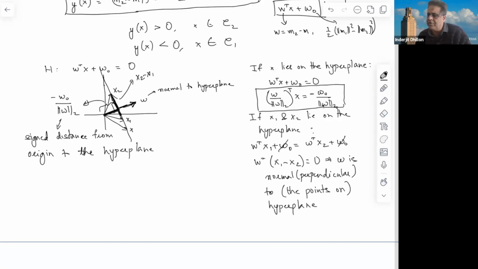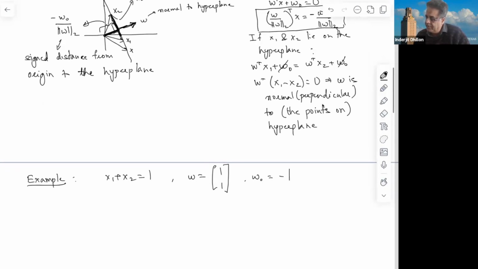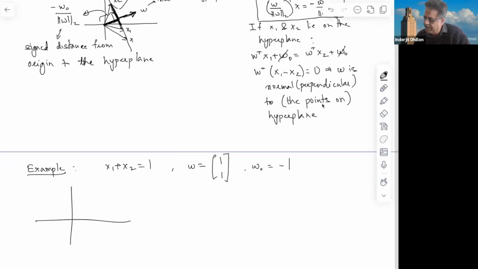Let me give a couple of quick examples. When we come to support vector machines and so on, it'll actually help to understand this geometry. So suppose I have x1 plus x2 equal to 1, a simple hyperplane. Over here, my W is the vector 1, 1, and W naught is -1. So what does the picture look like? I have 1, 1, so it is basically a vector like this.